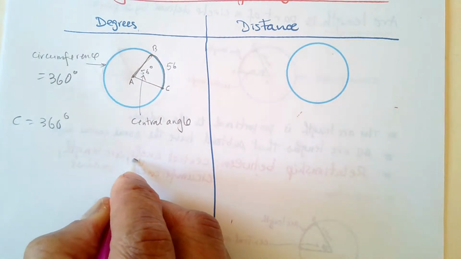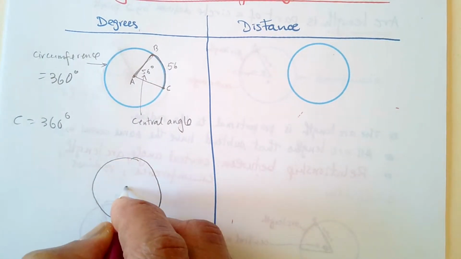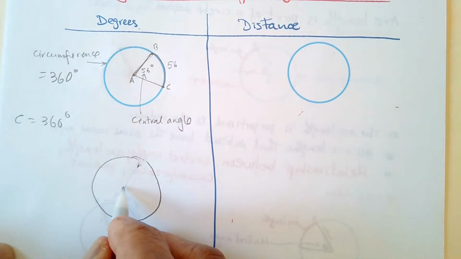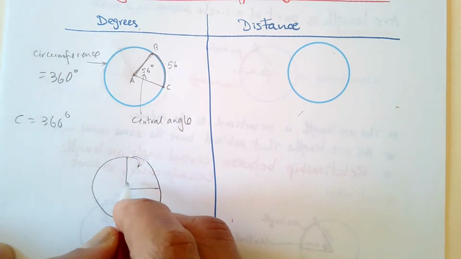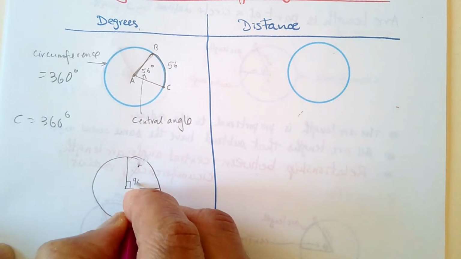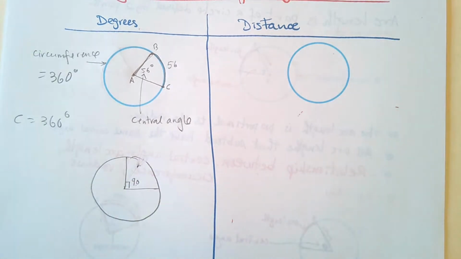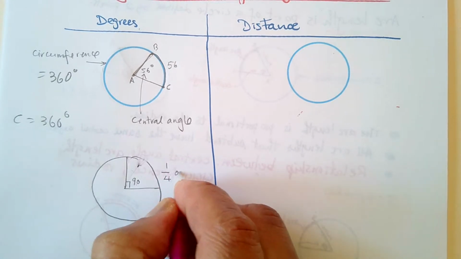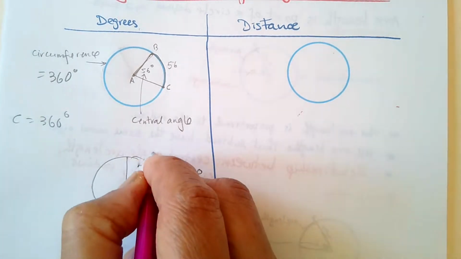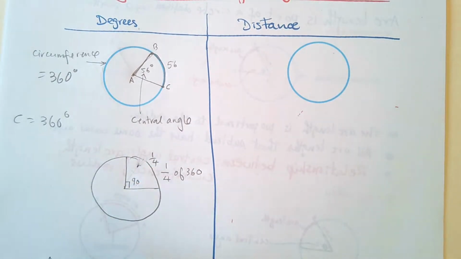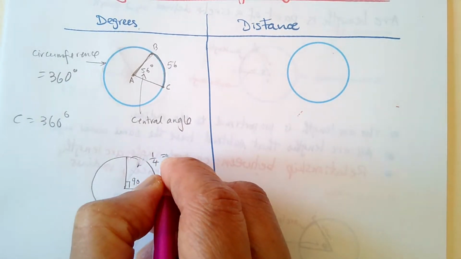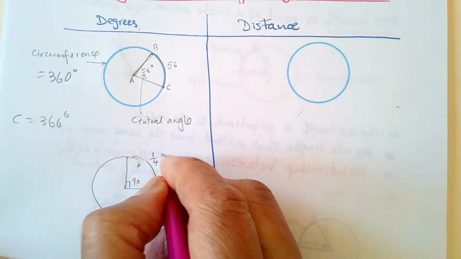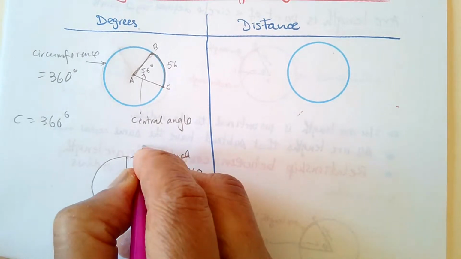Same thing would happen if we were to have a distance here. Let's see if you have 90 degrees here. Now 90 degrees is 1/4 of 360. So if this is 1/4 of 360, it's also 1/4 of a circle. So this is also 90 degrees.